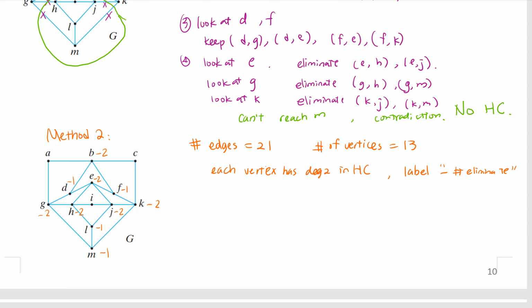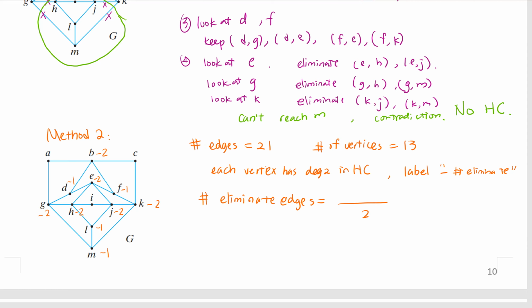Then next, what is the number of eliminated edges? We add all of those numbers together, and then you want to divide it by 2.